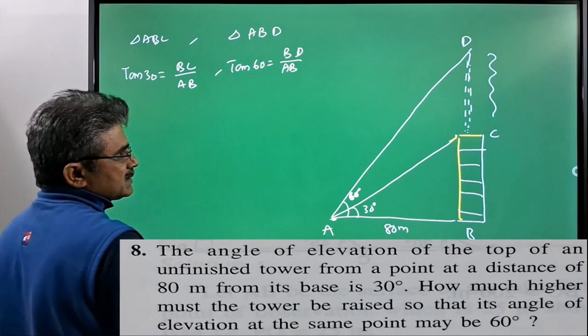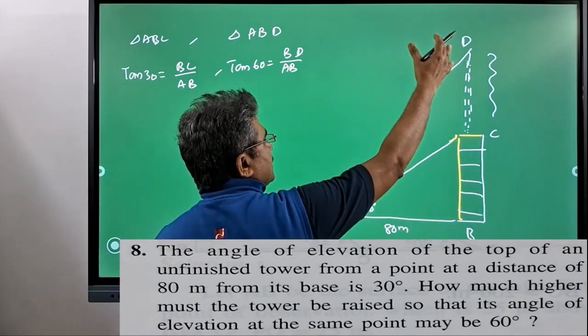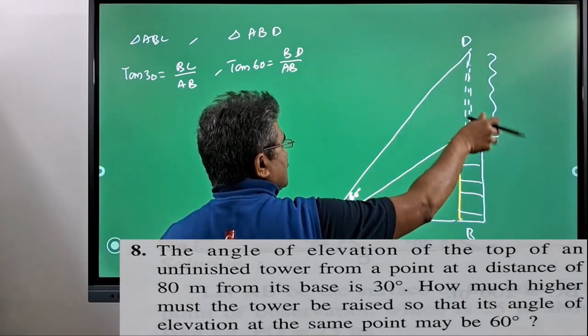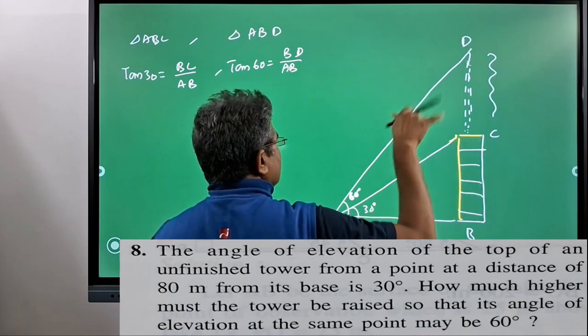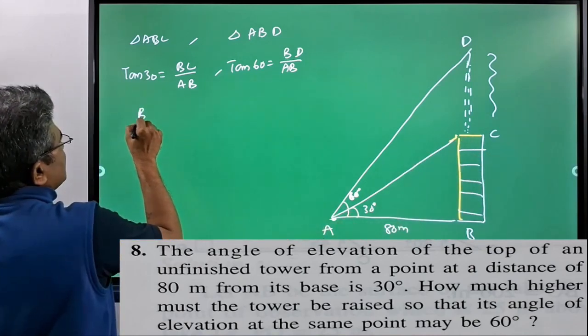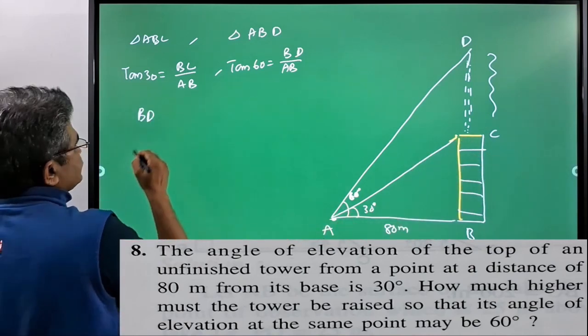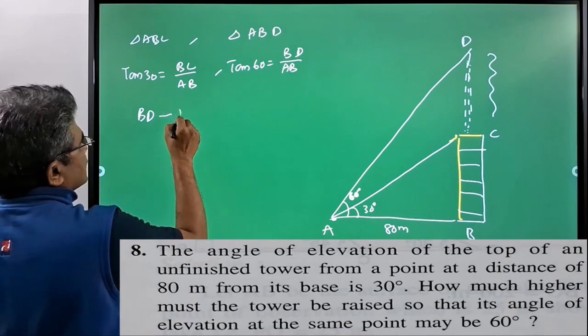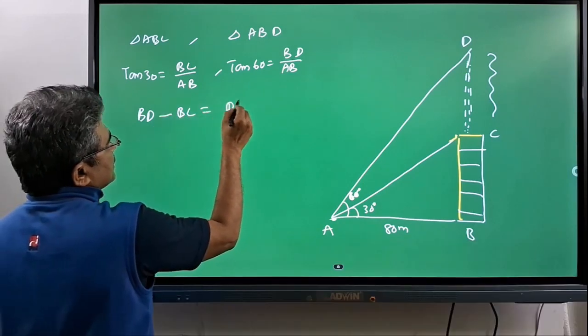So we have BC and BD. To get DC we need to subtract BC from BD. So BD minus BC will give DC.